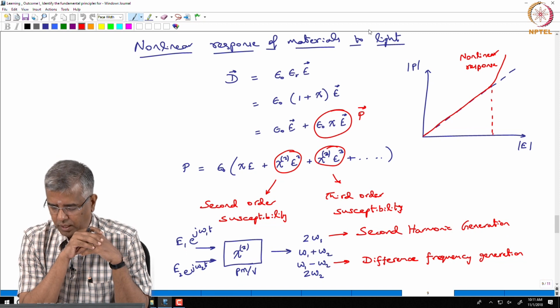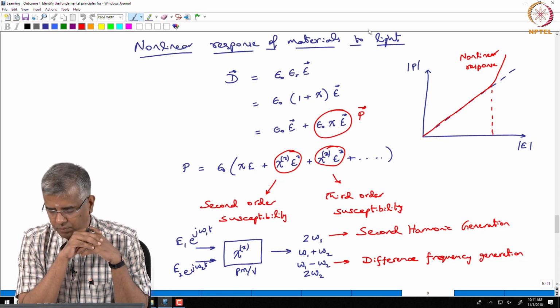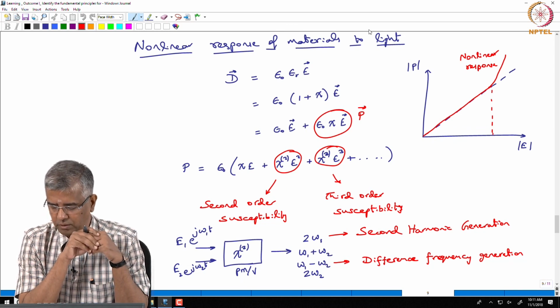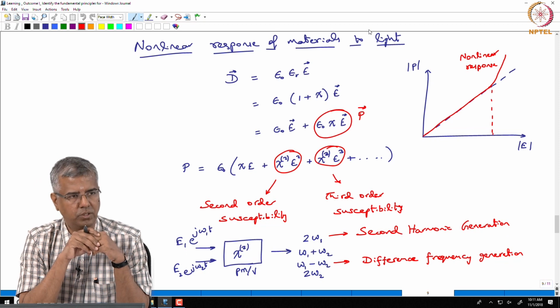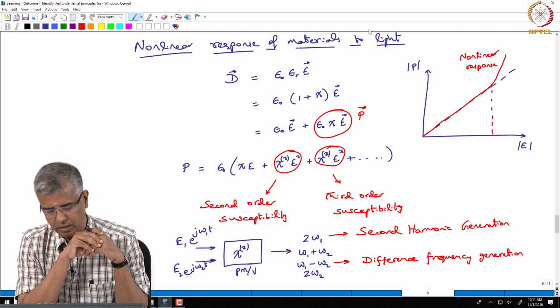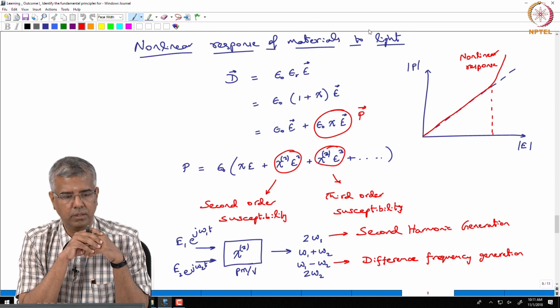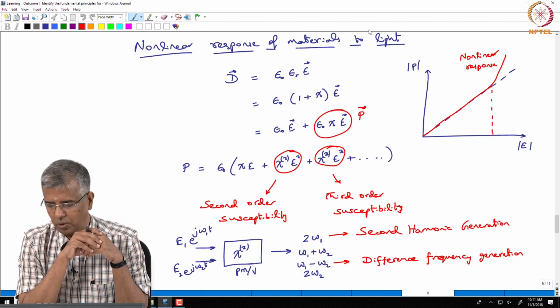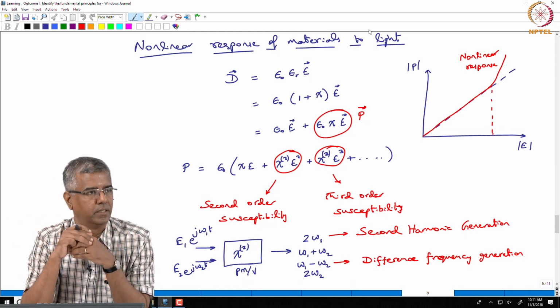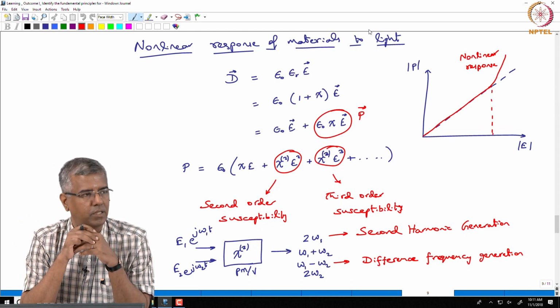These terms are usually represented by Chi2 and Chi3. Chi2 and Chi3 are usually very small values. We talked about Chi2, which is on the order of 10 to the power minus 10. So it is actually fairly small. That's why you don't see the effect of that at lower values of electric field.